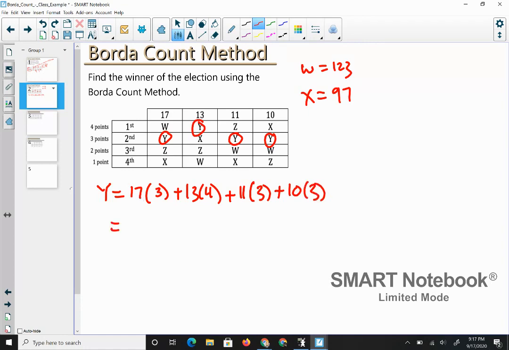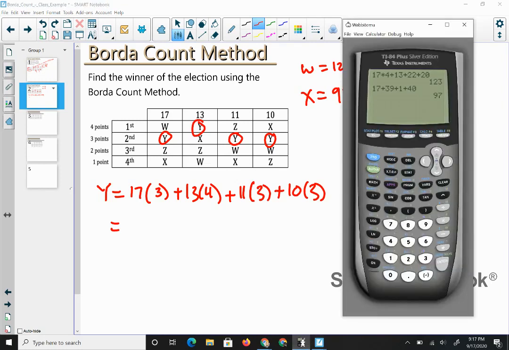That's equal to 17 times 3 plus 13 times 4 plus 11 times 3 is 33 plus 10 times 3 is 30. We see we get 166 points.